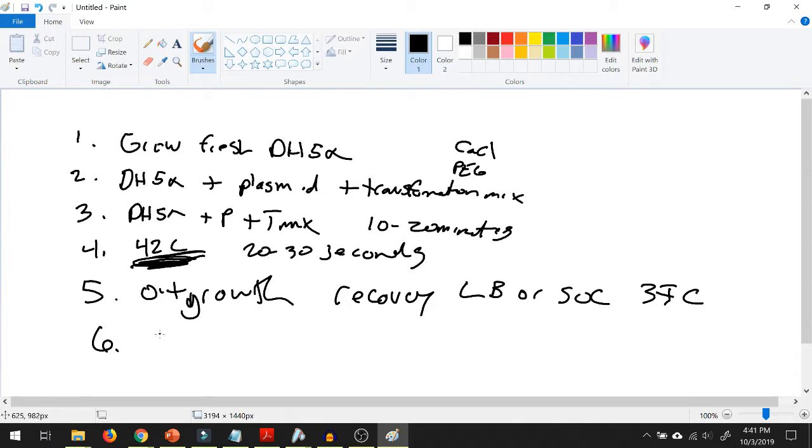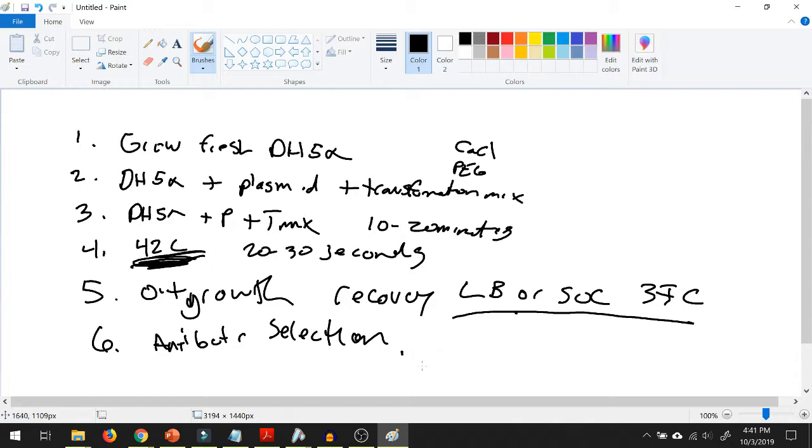And then what you're going to do is antibiotic selection, right? So after your bacteria have taken up the plasmid, they've started to replicate and recover, then you're going to put them on an antibiotic selection plate. By this time, the bacteria that have the plasmid should have started to make the antibiotic resistance gene.